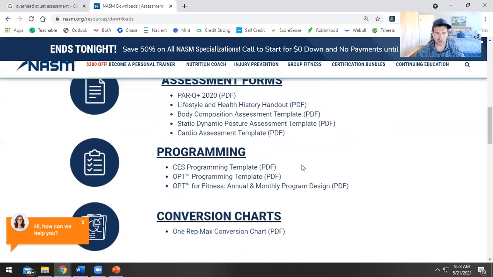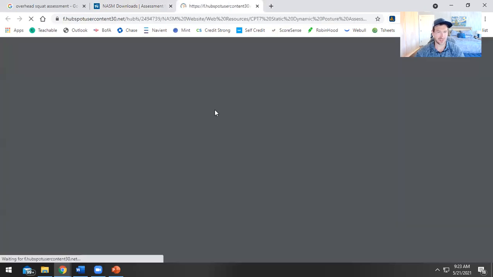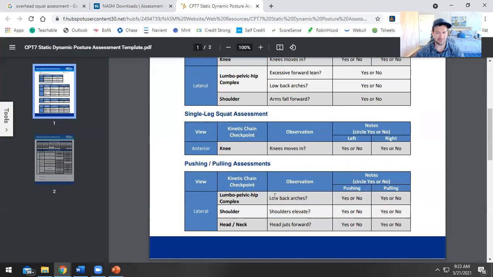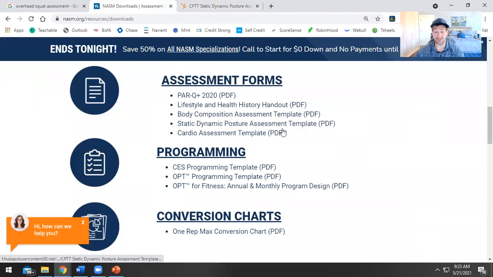Where are you at? This is static, is that? All right, well, that's not just static. Okay, they need to fire their website guy.